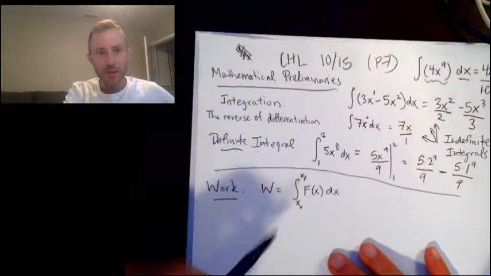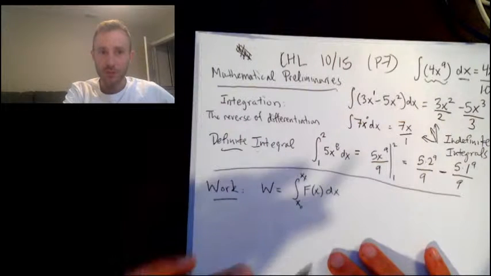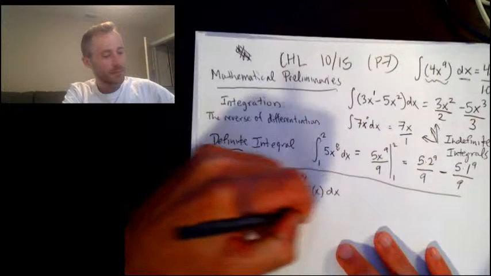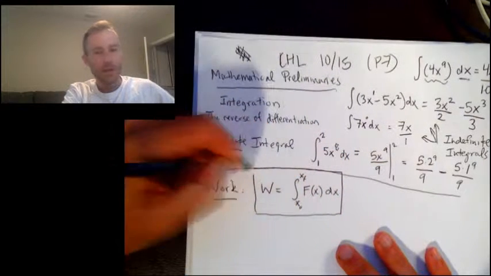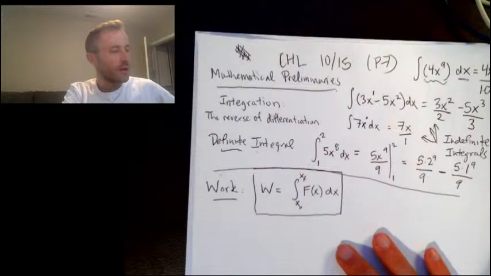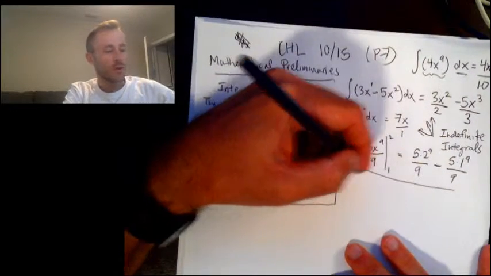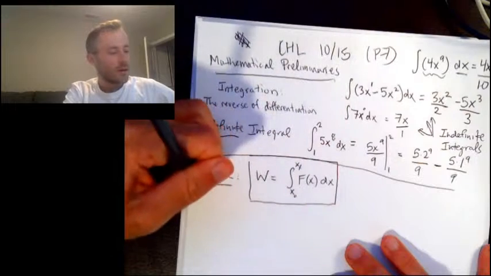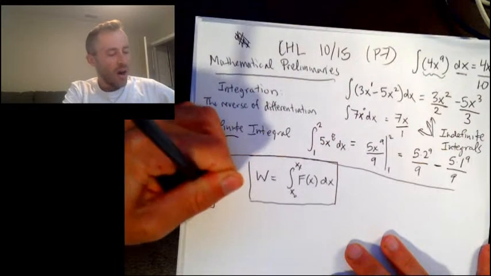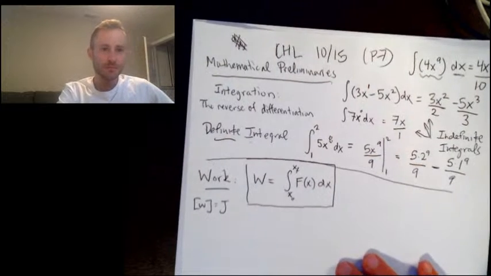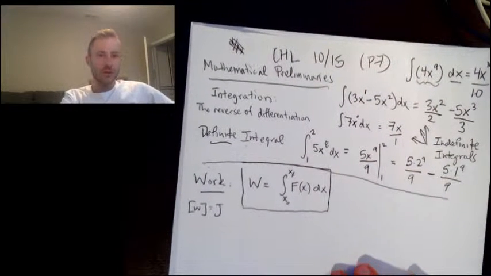So it's a definite integral of the force with respect to position. That is work. So that is the main equation for today. The units of work are joules. Okay? The units of work are joules.